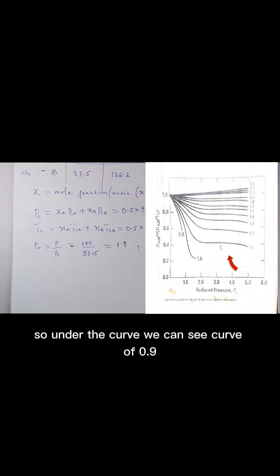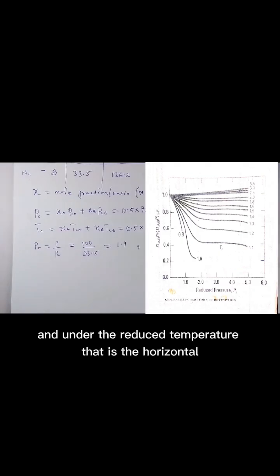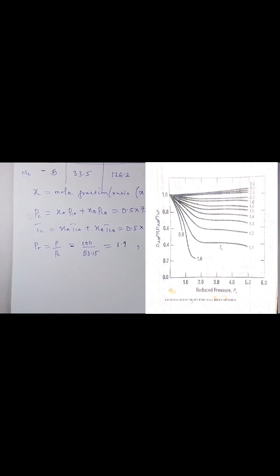Under the curves, we can see the curve of 0.9, 1.0, 1.1, 1.2, 1.3, up to 3.5. And on the horizontal axis, the reduced pressure, you can see it from 0 towards 6.0.